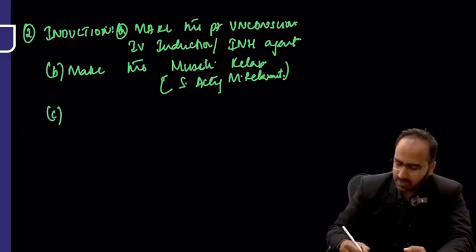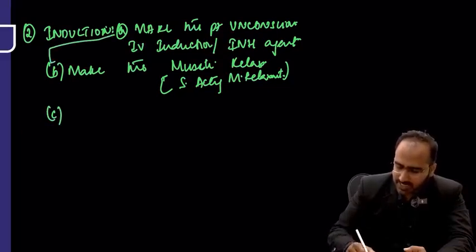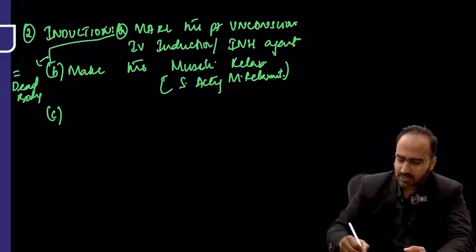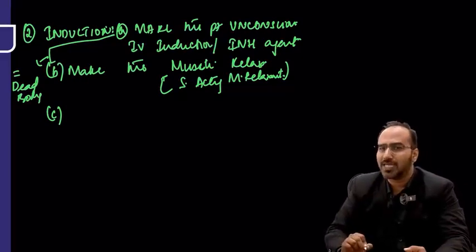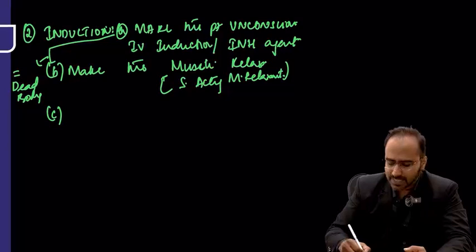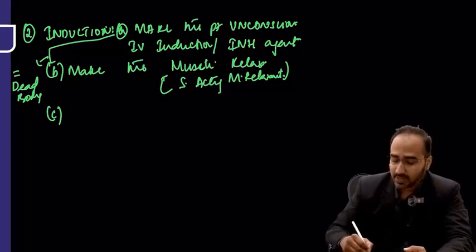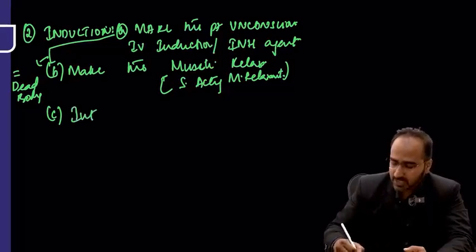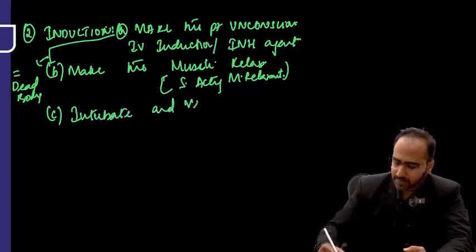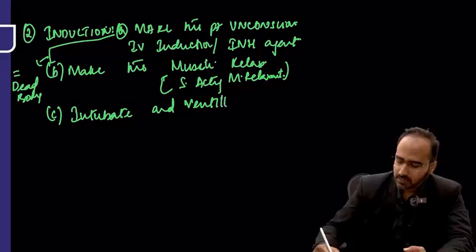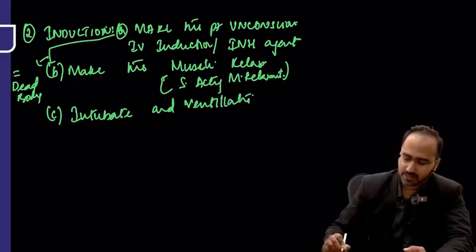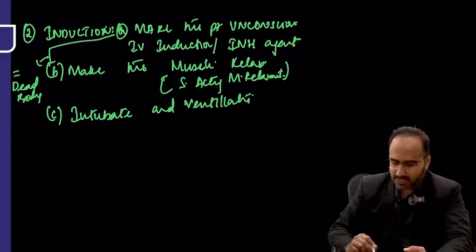Once you make the patient unconscious and relax his muscles, he is like a dead body. But if you want your patient to breathe, the third aim is you have to intubate and ventilate the patient. That is your aim in the induction phase.